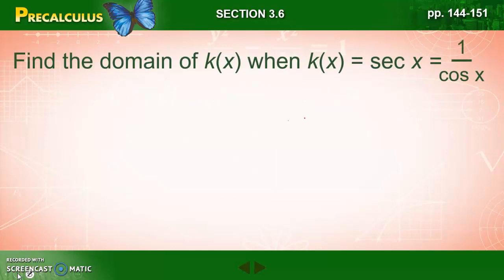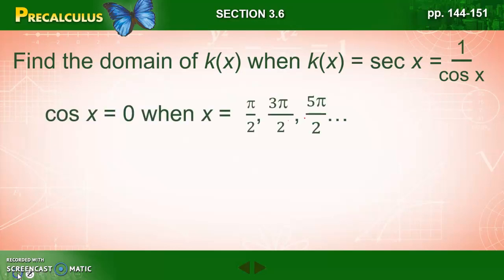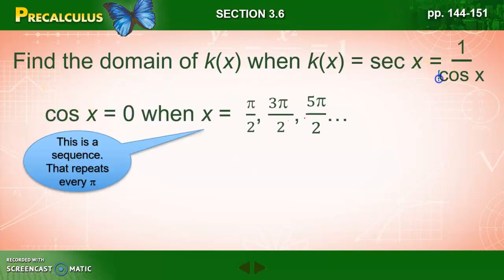Let's find the domain of k of x when k of x equals secant x, remembering that secant x is the same as 1 over cosine x. All right, so we'll set our denominator, cosine x, equal to 0. And then we're going to think about our knowledge of the unit circle. We know that cosine is 0 when x equals pi over 2, that's at 90 degrees, 3 pi over 2, that's 270 degrees, 5 pi over 2, etc. This is a sequence, and the sequence repeats every pi.